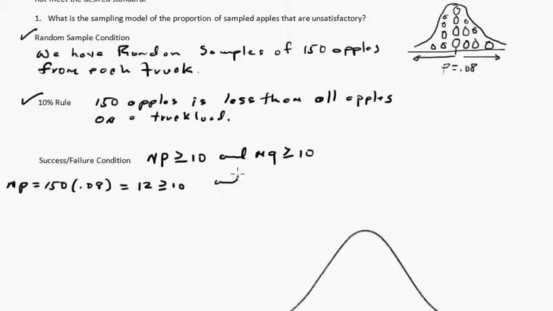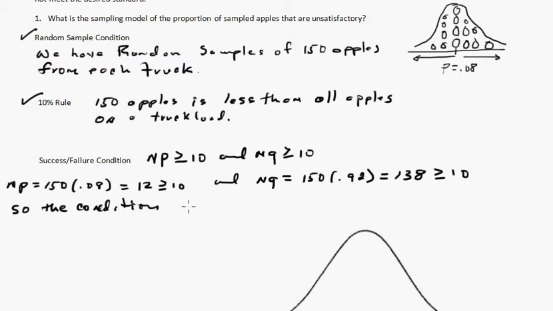Okay, and nq is 150 times 0.92, and that comes out to be 138. So that's greater than or equal to 10. Okay, so the conditions are met.